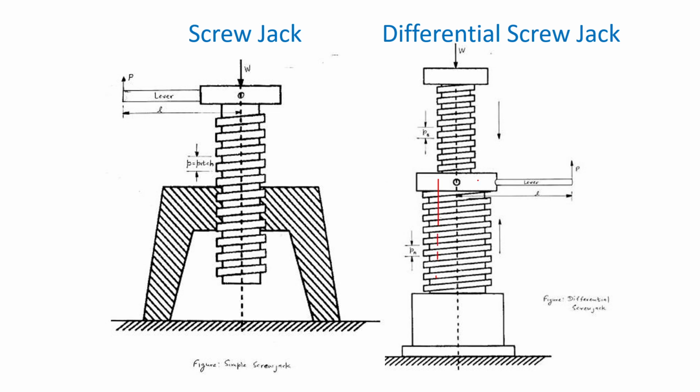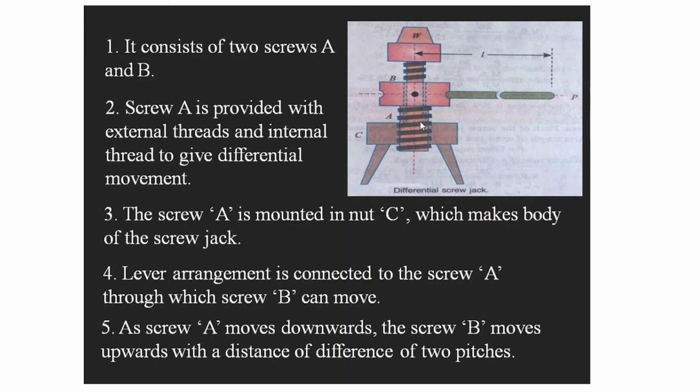If you try to draw hidden lines for this, you can see that this upper lead screw is fixed in the internal threads of this outer screw, and that is called the differential screw jack. It works in a very beautiful way: once we are lowering the upper part, the difference between the two gives the distance travelled, and that's why the name is the differential screw jack. One is moving in the upward direction, the other one moves in the downward direction.